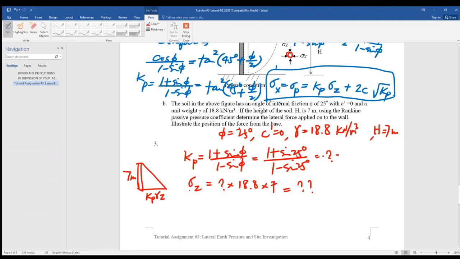So what's that bottom? The bottom stress is equal to what? Kp times sigma z, right? Okay, so Kp is a question mark times, sorry, that is B already, right?